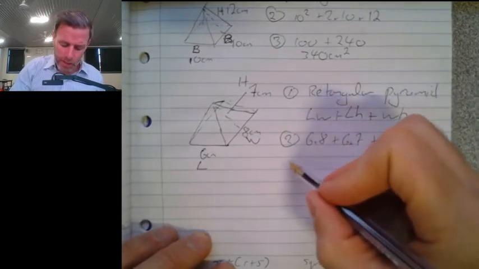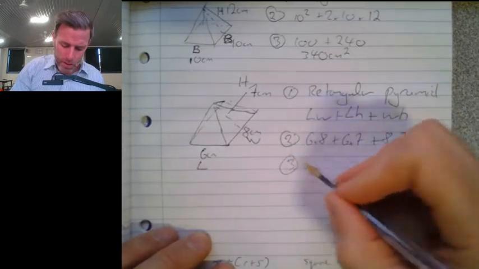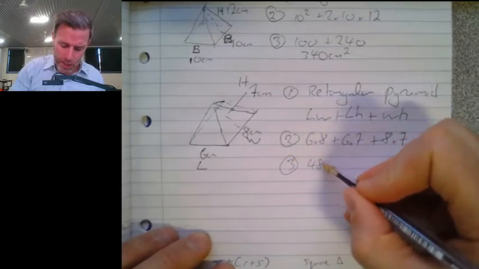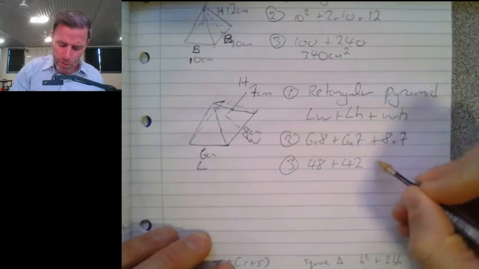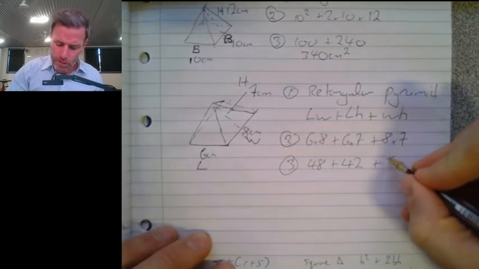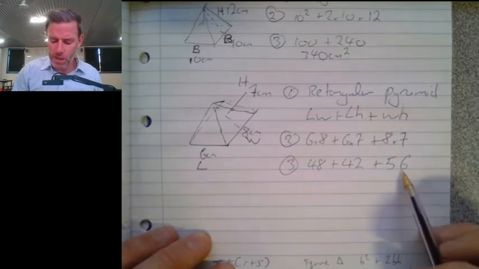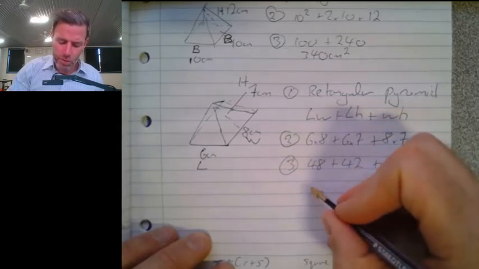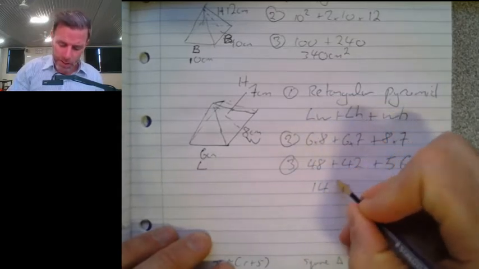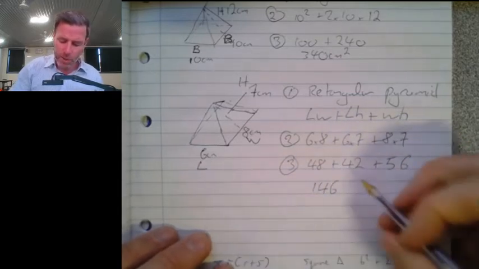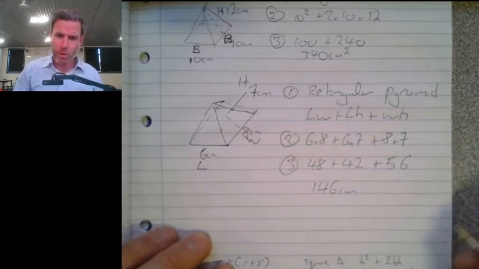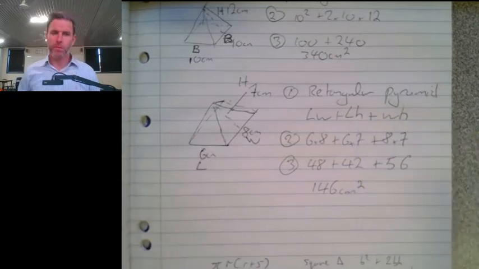And then we solve at the end. So 48 plus 42 plus 56, 90 and 56 is 146. And again here we're looking at area, so centimeters squared.